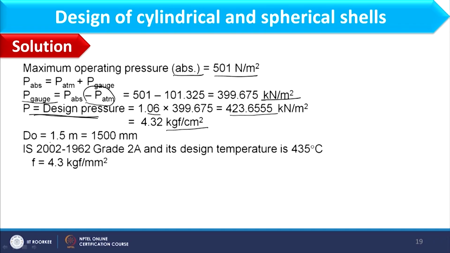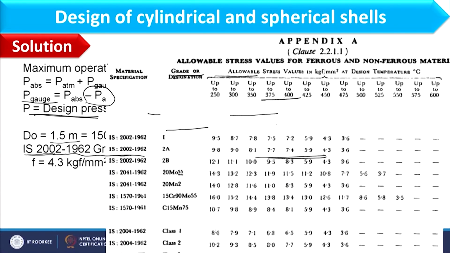Outer diameter is given as 1.5, and the material I have been given is IS 2002-1962 grade 2A, and its design temperature should be 435. This information is provided to extract the value of allowable stress. So, let us see the table of allowable stress.